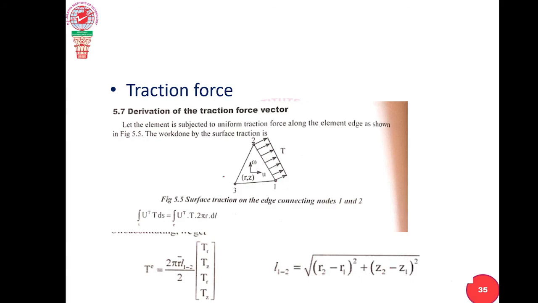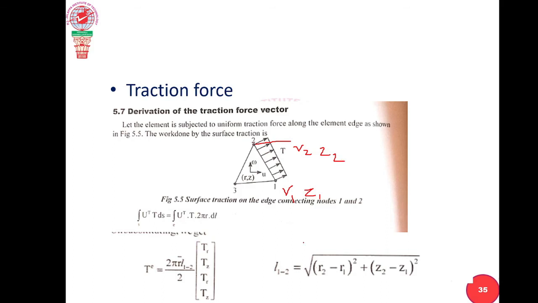Here, the coordinate system: at node 1 it is R1, Z1, and at node 2 it is R2, Z2. Isn't it? Is it clear?